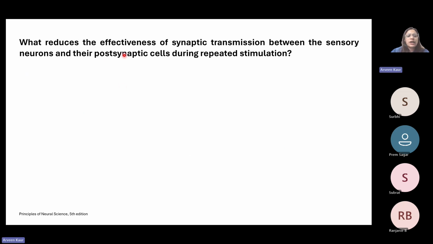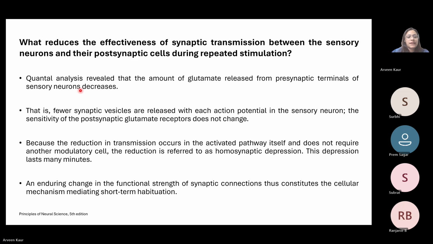So, what reduces the effectiveness of synaptic transmission between the sensory neurons and the postsynaptic cells during repeated stimulation? When quantal analysis was done, it was revealed that the amount of glutamate, which is a neurotransmitter, from the presynaptic terminals of sensory neurons actually decreases. That is, fewer synaptic vesicles are released with each action potential in the sensory neuron, and the sensitivity of postsynaptic glutamate receptors does not change at all.